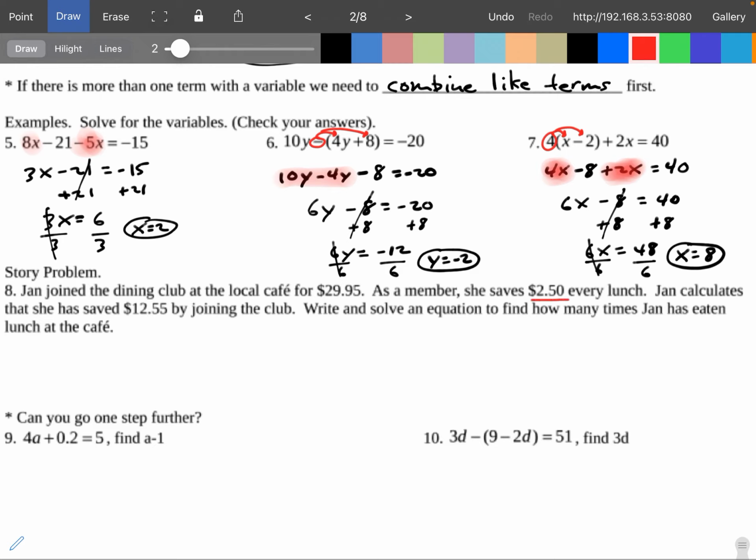So right here, it says she saves $2.50 for every lunch, or $2.50 for each lunch. So if you see that word every or each, that means multiply, okay? So that part right there, that means multiply.